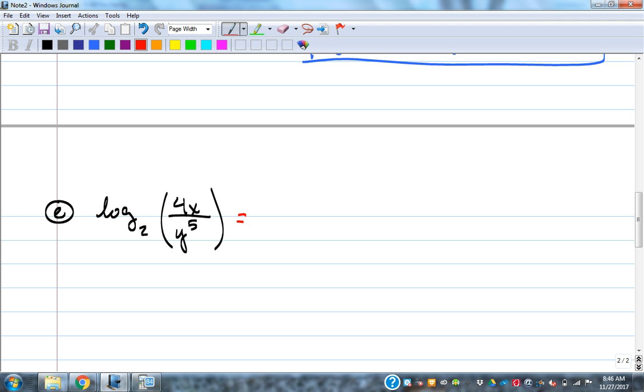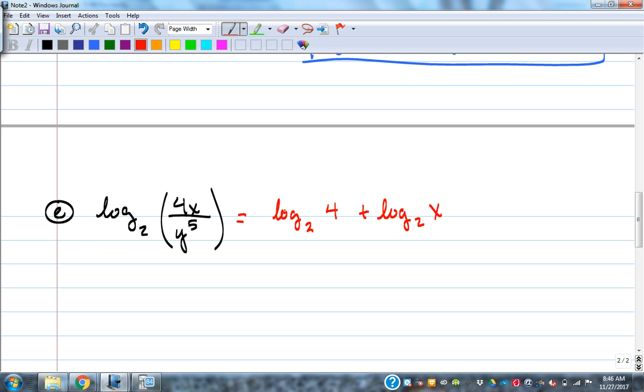What does that numerator turn into? That's the denominator. The numerator. There you go.